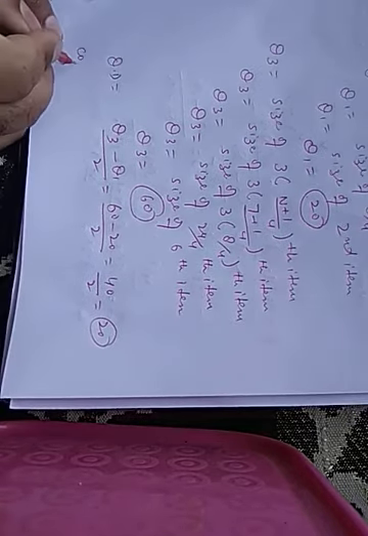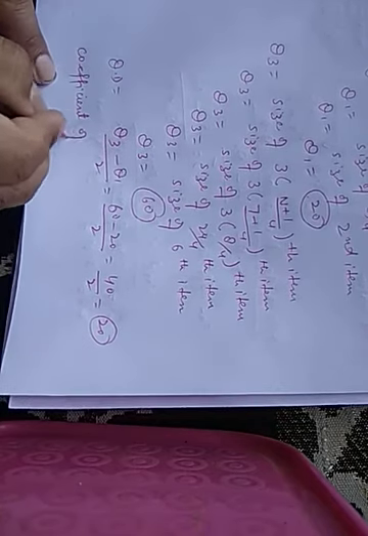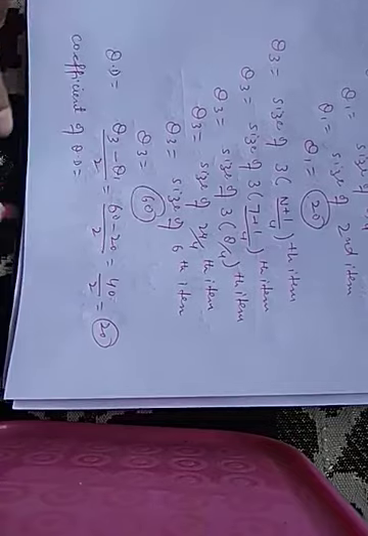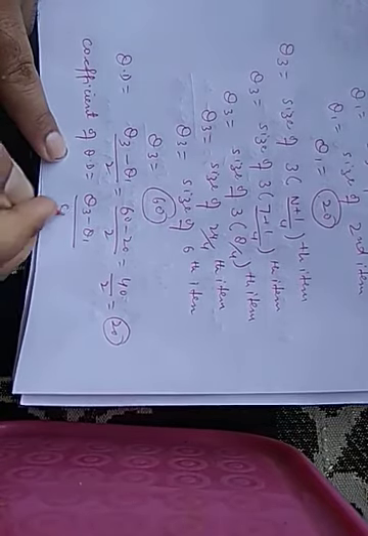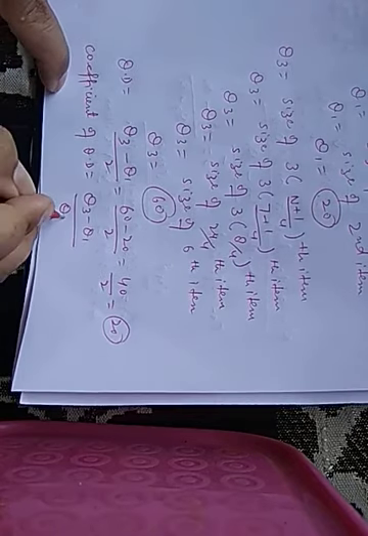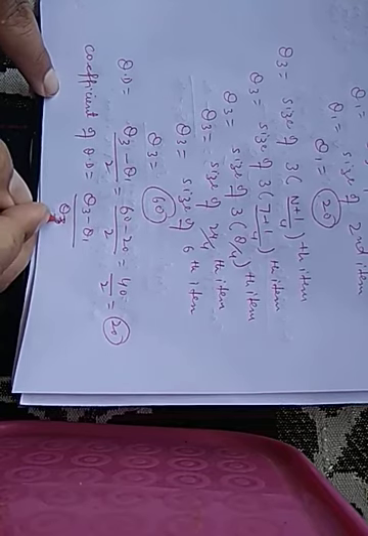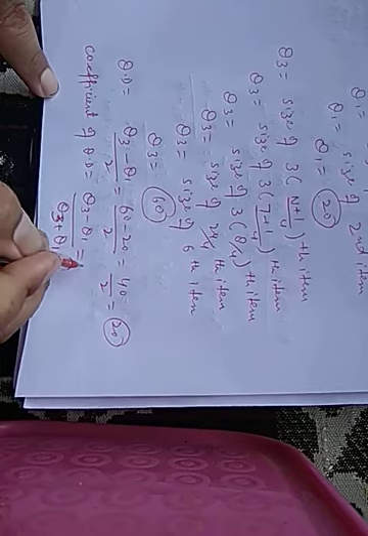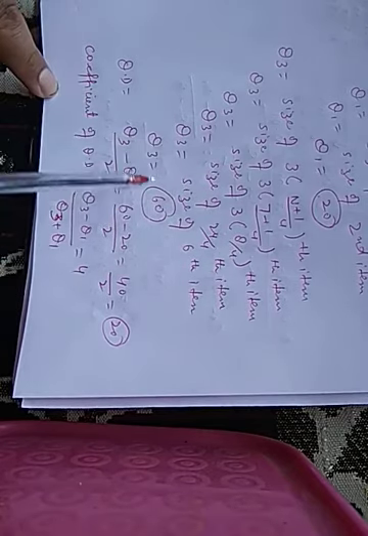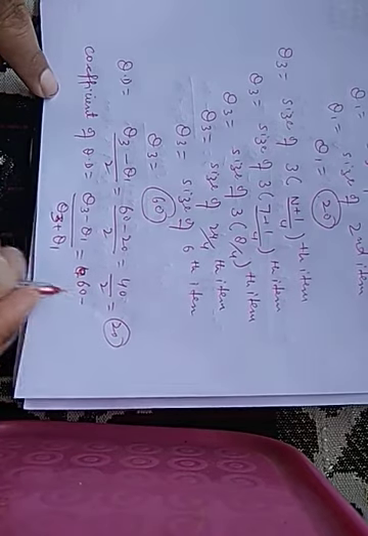And the coefficient of quartile deviation is equal to third quartile minus first quartile divided by third quartile plus first quartile. Third quartile is equal to 60 and first quartile is equal to 20.